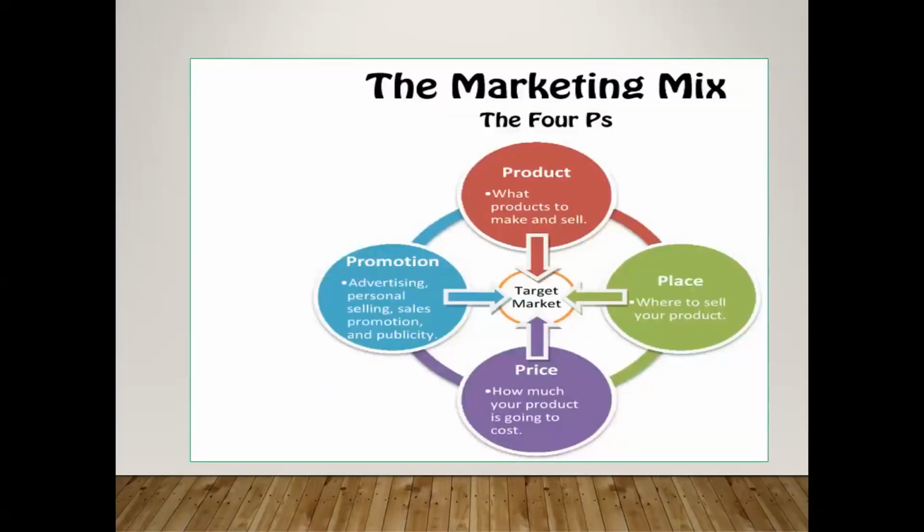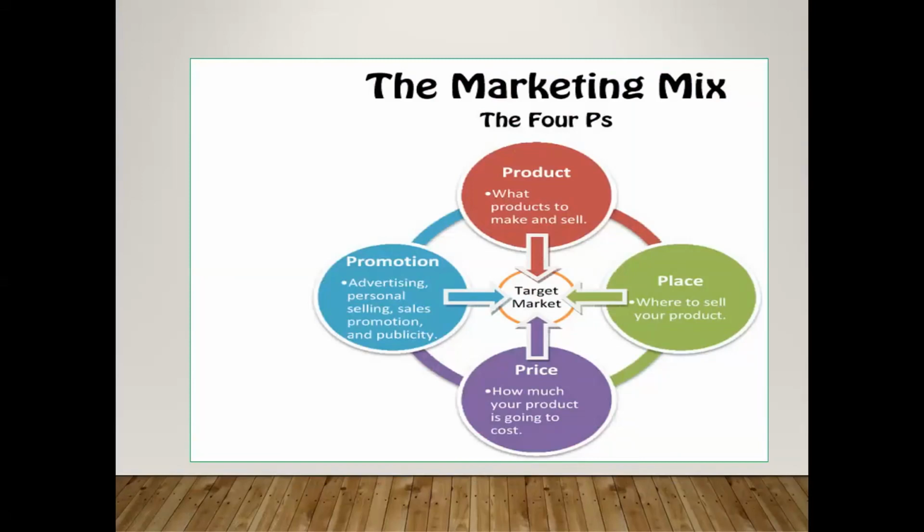Now, in marketing the brand or the products or services, organizations use what is called a marketing mix. The marketing mix has 4 P's. The 4 P's are the product, the place, the price, and the promotion. So when an organization creates a product, there are some things they put into marketing this product.